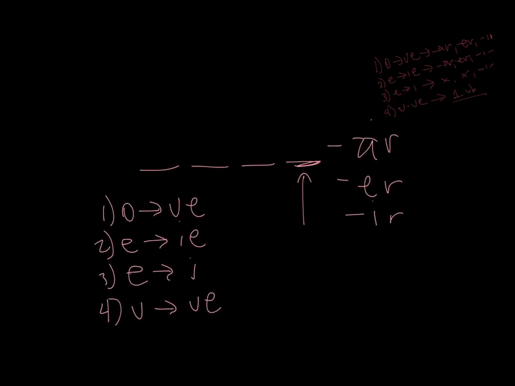Let's take a look at this again. So what did we say? We said that we have stem-changing verbs, and that a stem change means that on the second to last syllable of a verb, we're going to have one of these 4 possible changes.